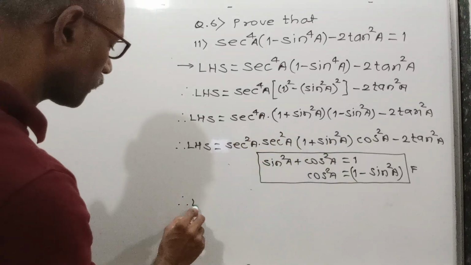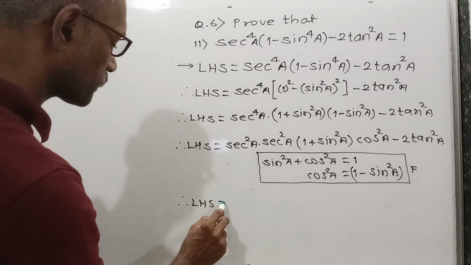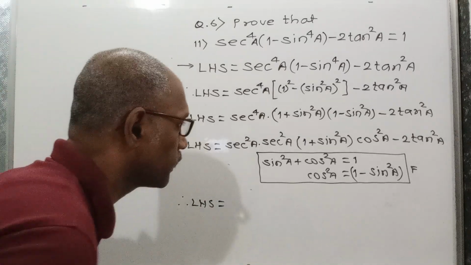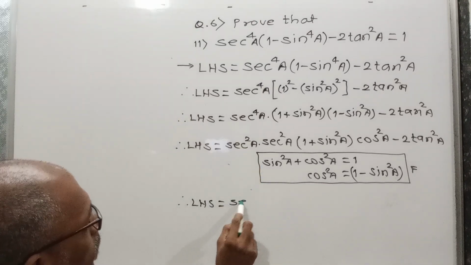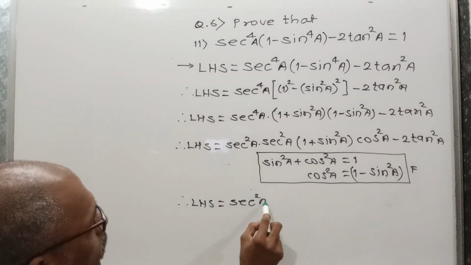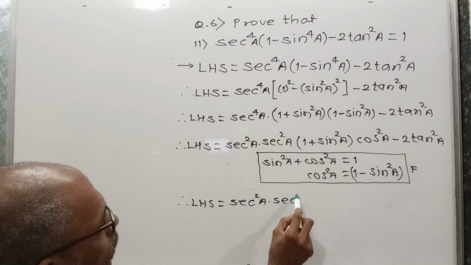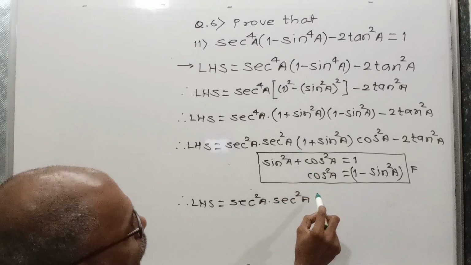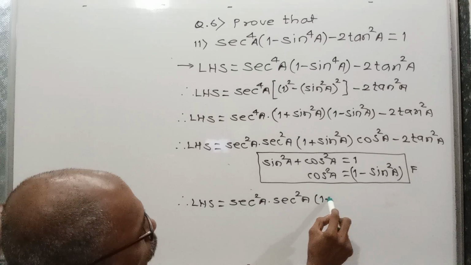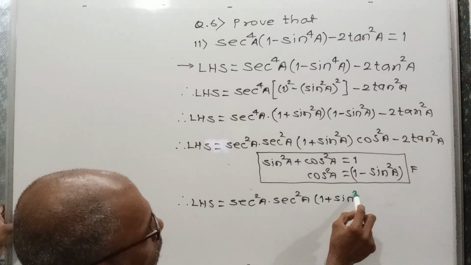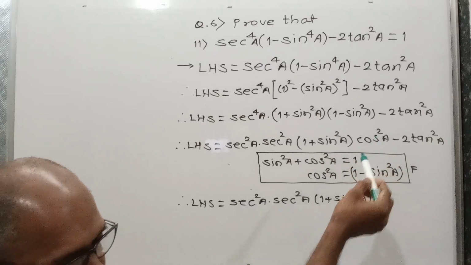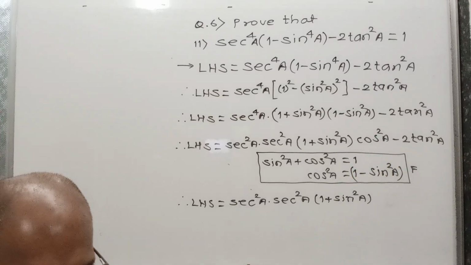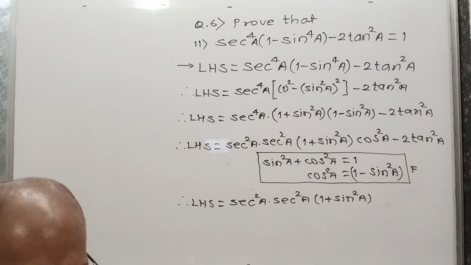Now see here, LHS is equal to sec² a into sec² a into (1 + sin² a). For this cos² a, cos a means 1 upon sec a.